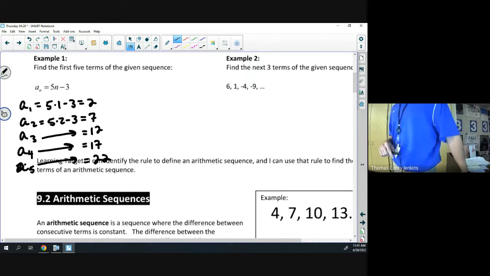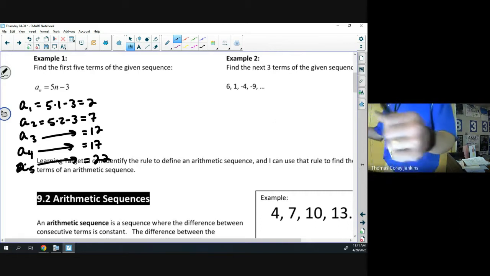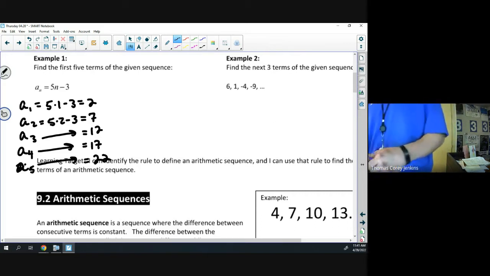And then example 2 is a little bit different because they don't give me an explicit rule to follow. So we have to first recognize the pattern and then go from there. So looking at example 2, can anybody tell me what the pattern is? Like, what am I counting by? Decreasing by 5, right?